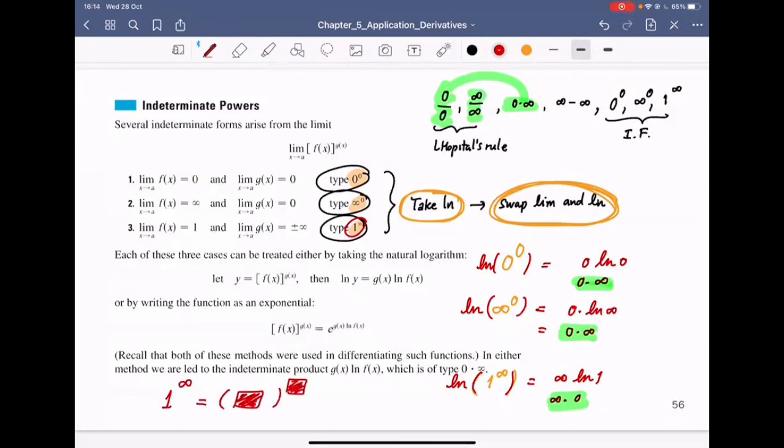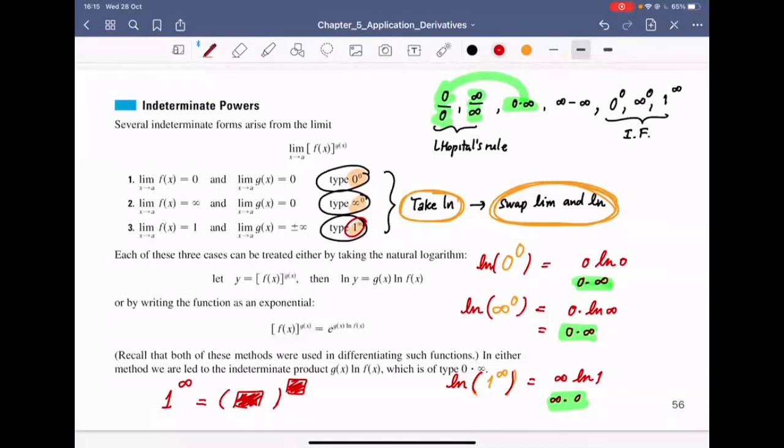The base here is not 1, but this notation stands for the limit of the base approaching 1. So it doesn't mean that this is 1. Does it make sense? This is something close to 1, raised to something close to infinity.